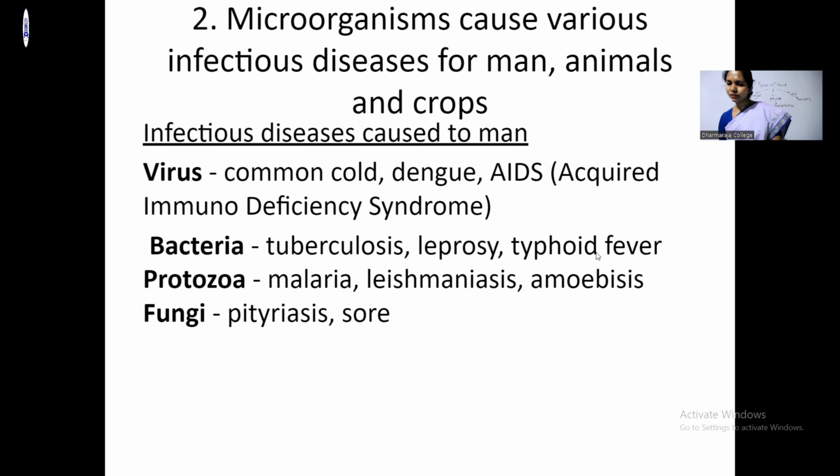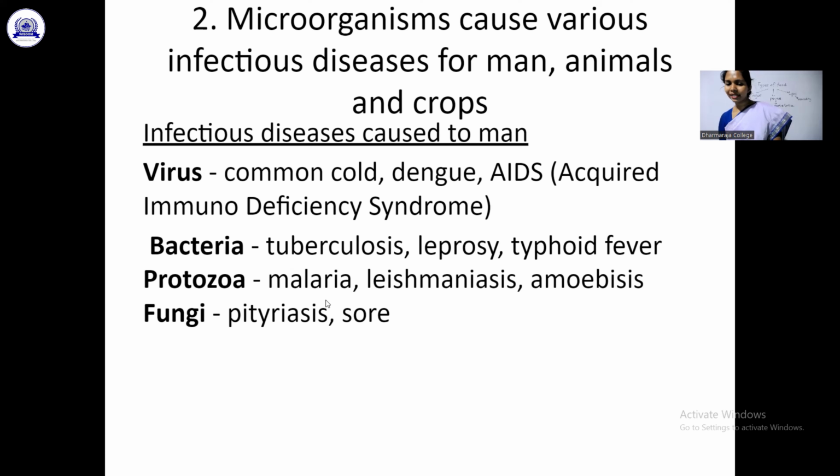And then typhoid fever, a kind of fever caused by polluted food and water. Your intestine gets infected by this particular bacteria, and because of that you get the fever.